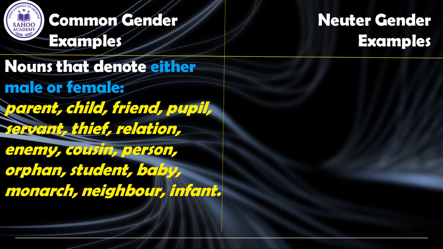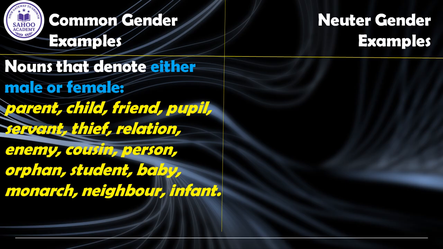Look at the list: parent, child, friend, pupil, servant, thief, enemy, cousin, person, orphan, student, baby, monarch, neighbor, infant. For example, a student could be a boy or a girl. A neighbor could be a man or a woman. These nouns are common to both.